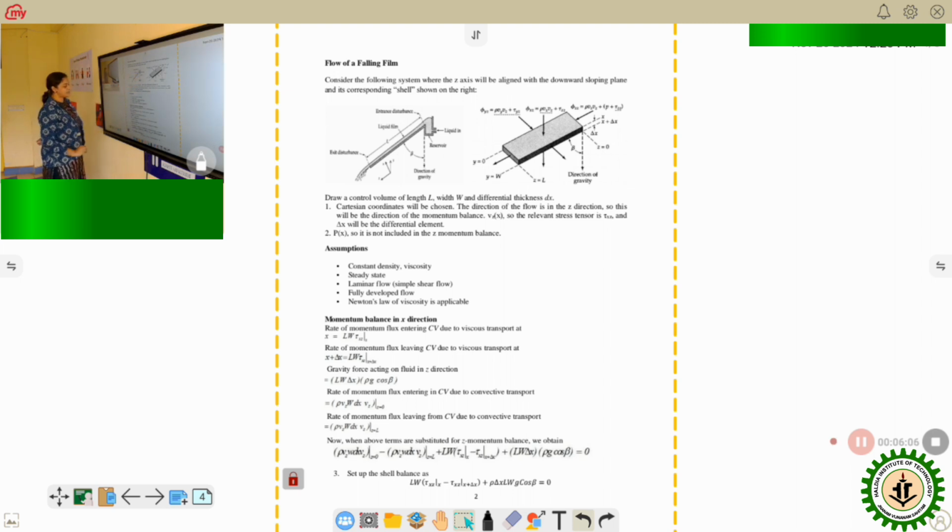So that's why the convective transport term will be cancelled out, and the shell balance becomes L W into tau xz at x minus tau xz at x plus del x plus rho del x L W g cos beta equals 0.